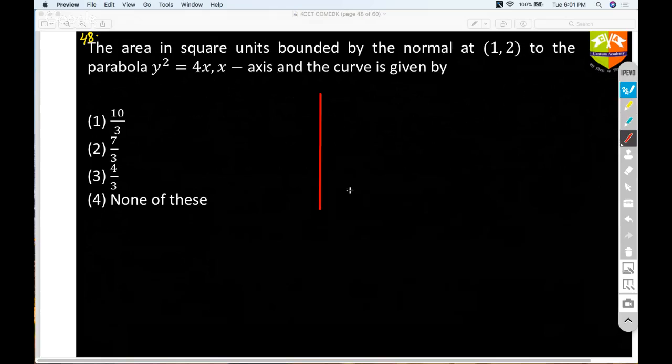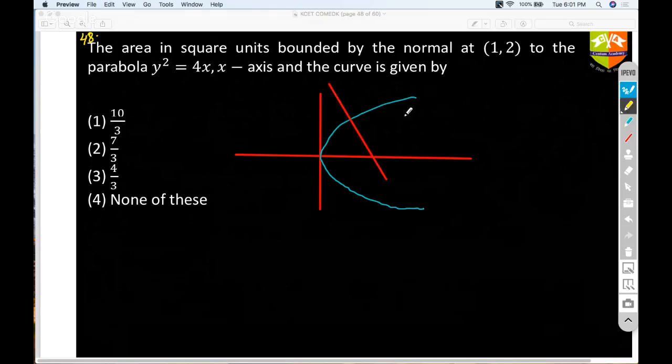So let's quickly draw the diagram for this particular situation. So we have a parabola y square is equal to 4x. And we are drawing a normal at a point (1, 2) like this. So they are mainly concerned with the area of this part. So this is the area that we are actually looking out for.